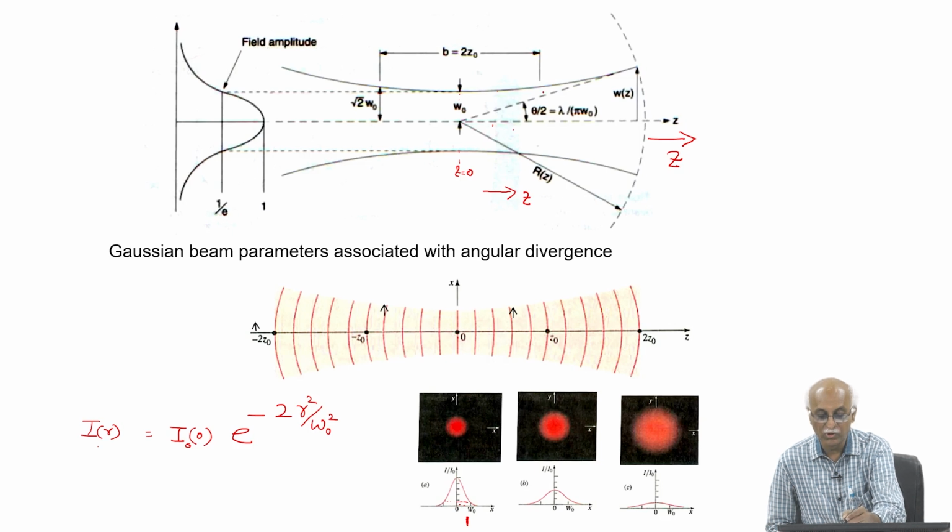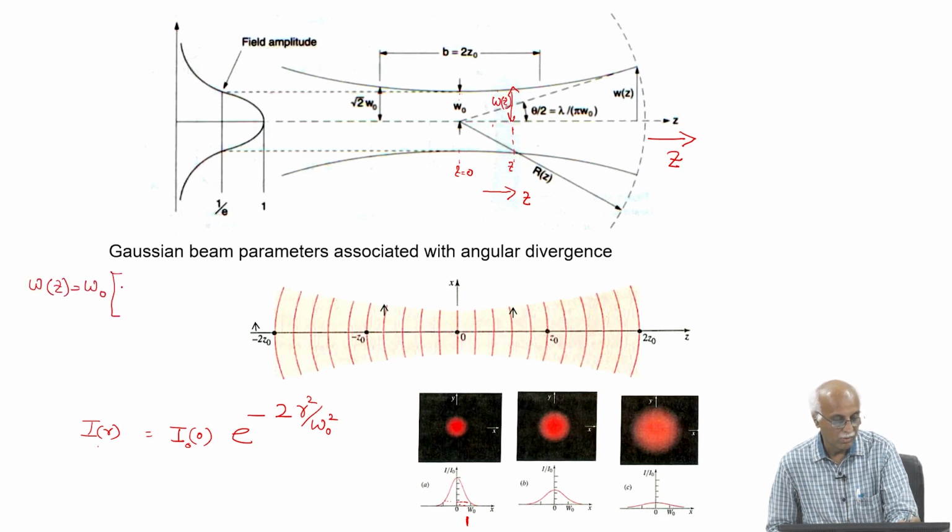At any point z, w of z is given by w0 times (1 plus (lambda z by pi w0 square) whole square) to the power 1 by 2.